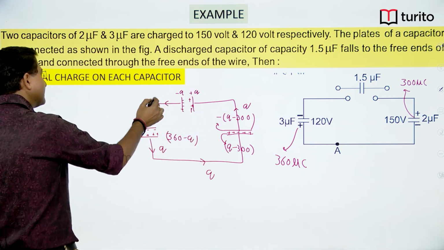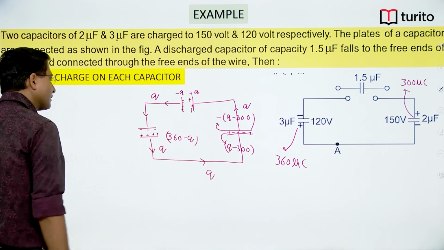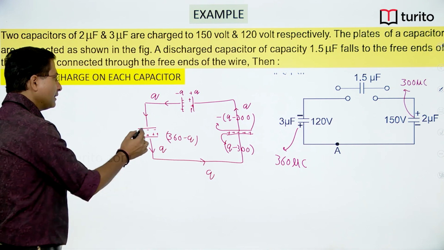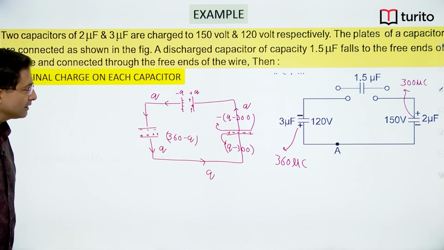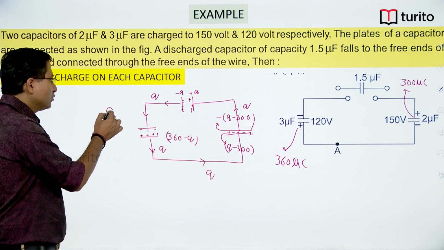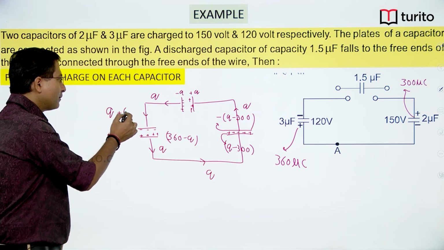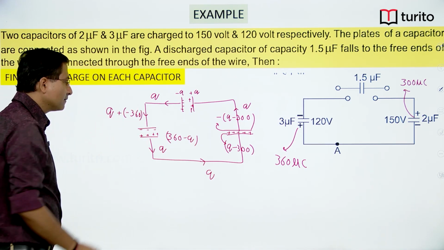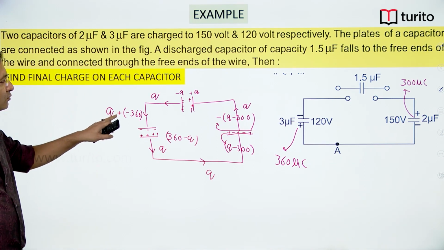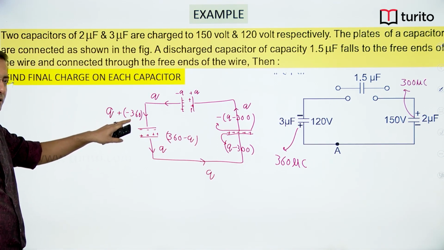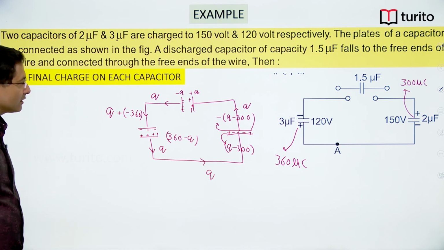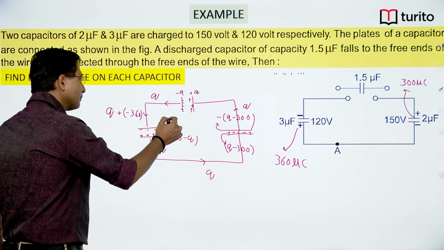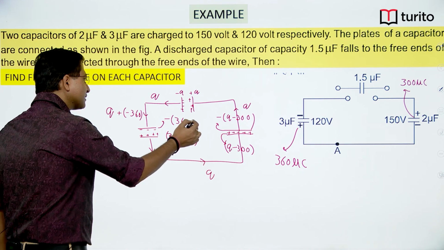Similarly, whatever it is getting, that will come here, right? Now you can see it had minus 360 and it is getting Q. So Q minus 360, I can take minus out and also write this as minus of 360 minus Q, right?